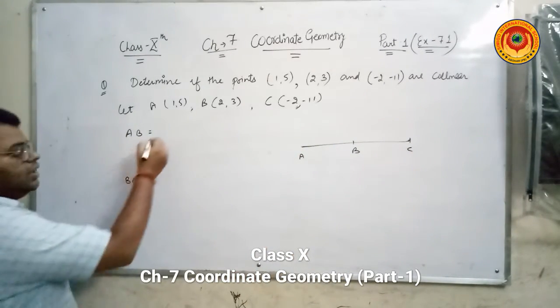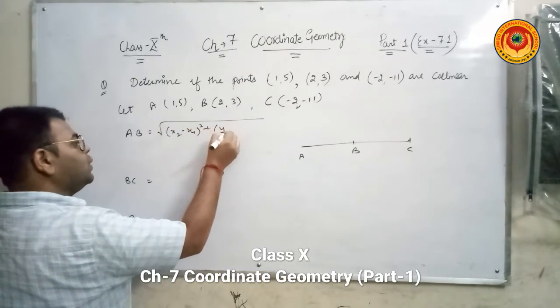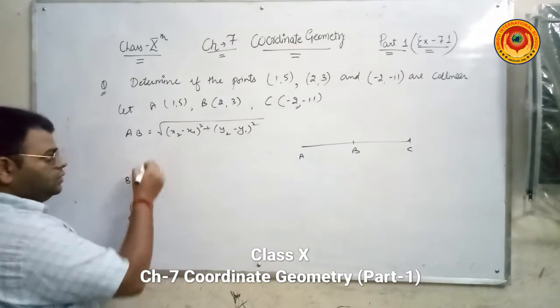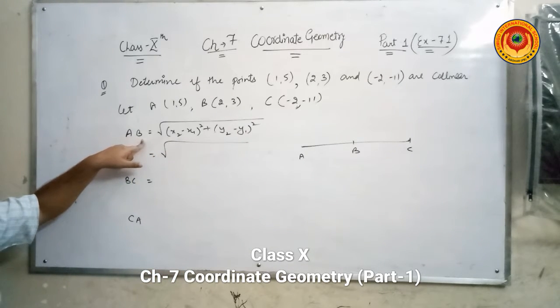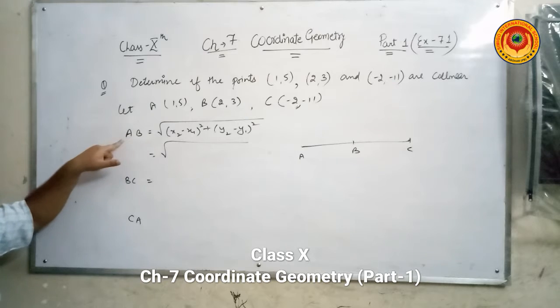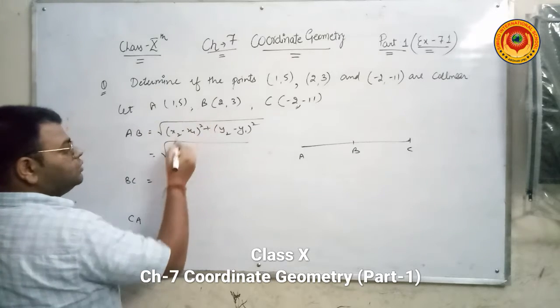Okay, so what's AB? Just write down the formula. x2 minus x1 whole square plus y2 minus y1 whole square. So in case of AB, what you have to do is subtract the coordinates of A from the coordinates of B. Okay, so what are the coordinates of B?